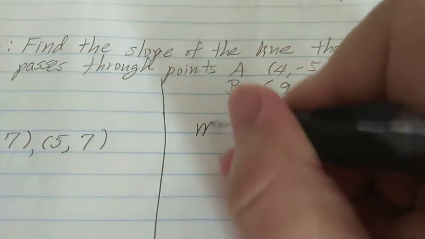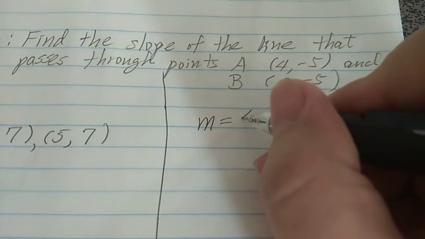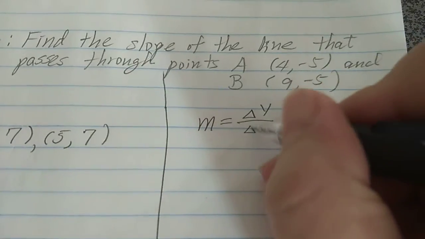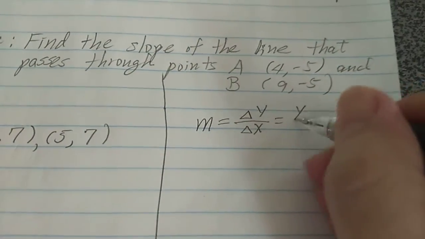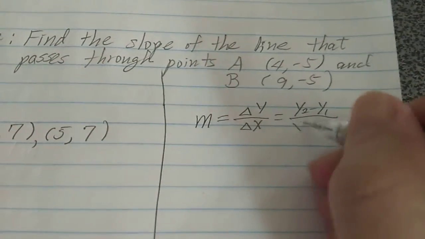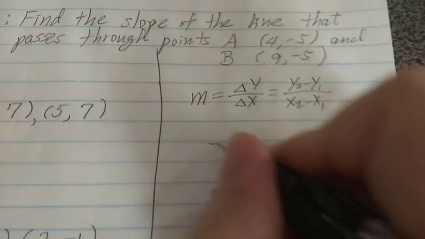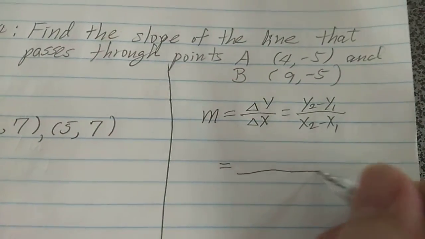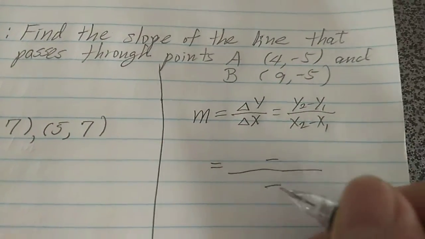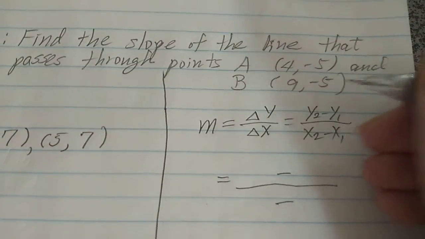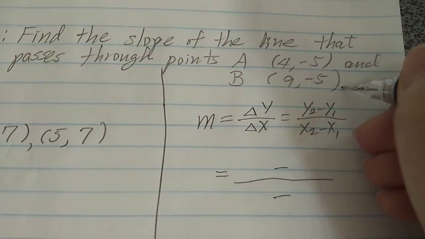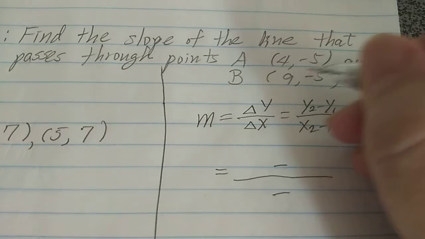Using the same equation, m equals the change in y over the change in x. Or in other words, y2 minus y1 over x2 minus x1. So something minus something. We're going to name this my point 2, this is my point 1.